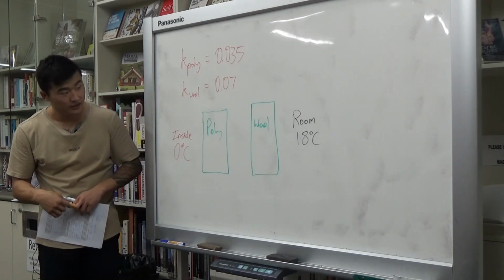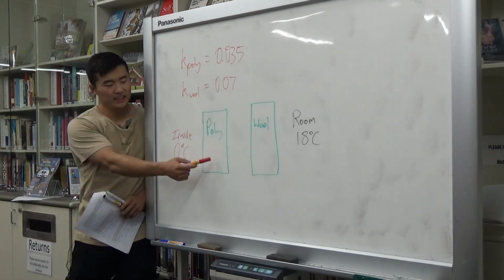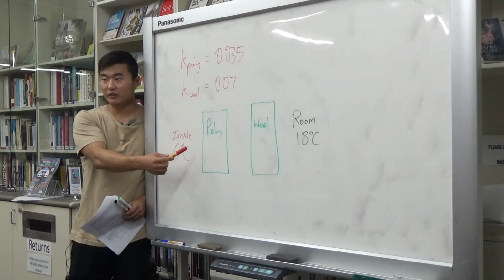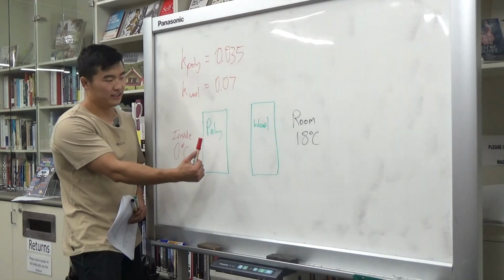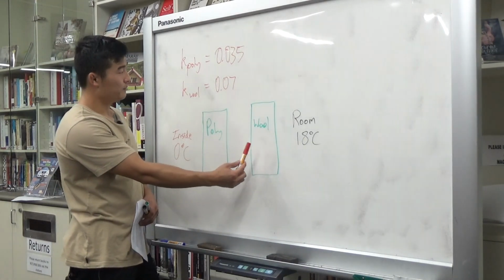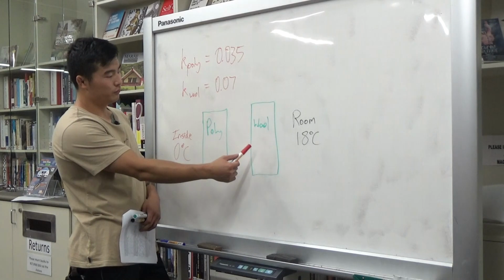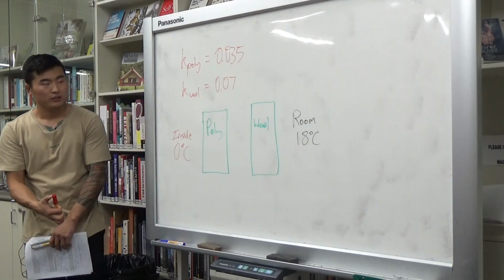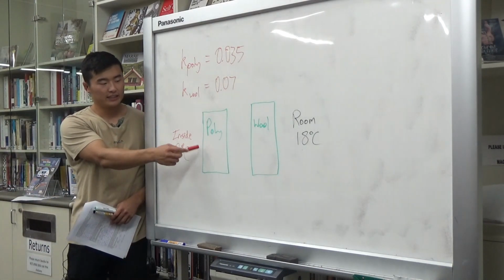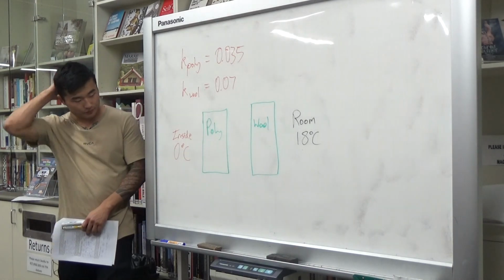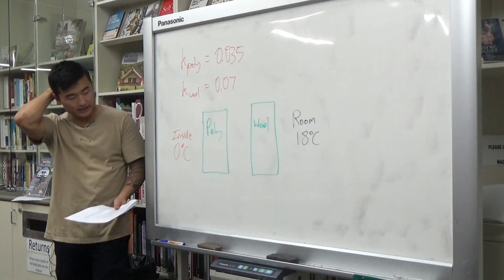So we said that the polystyrene is going to let less heat through than the wool, right? So the thermal conductivity of polystyrene is lower, and they're both the same thickness.